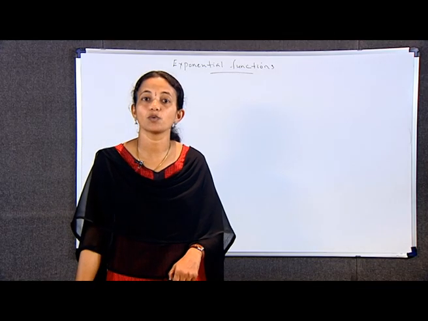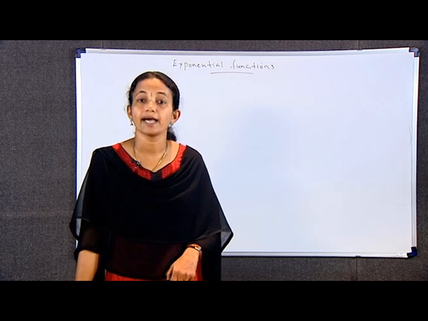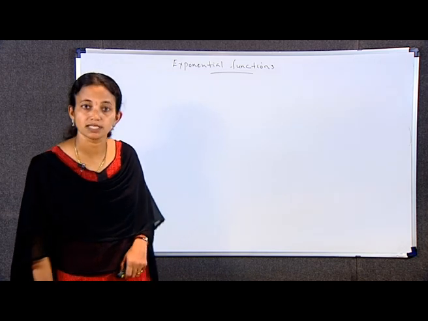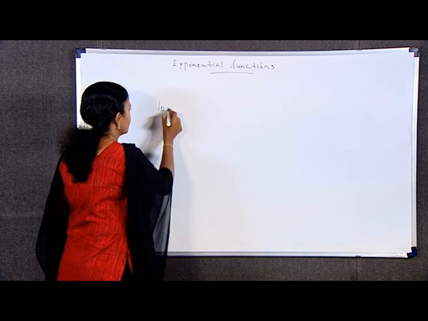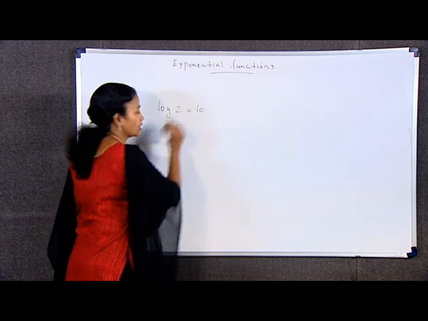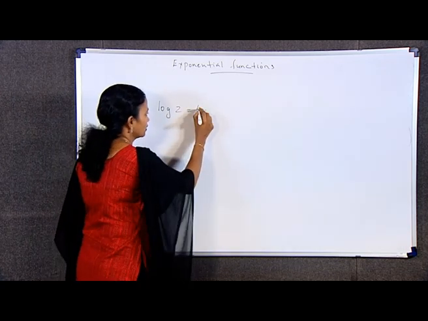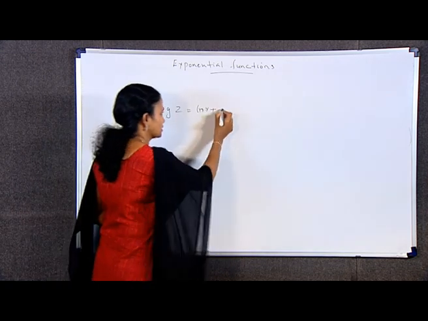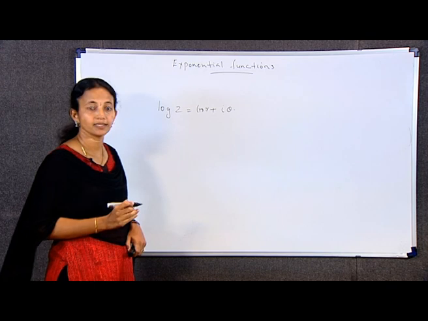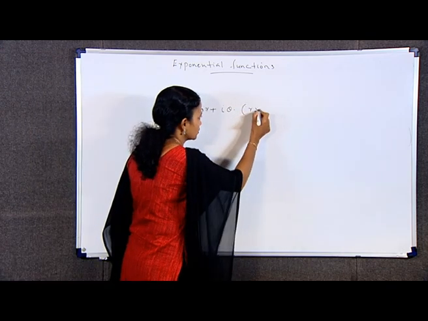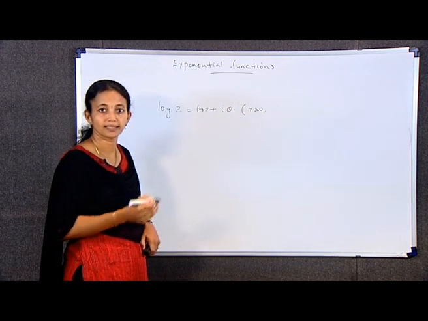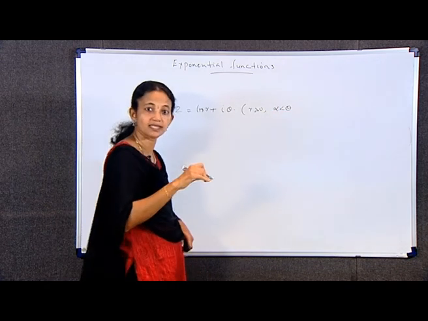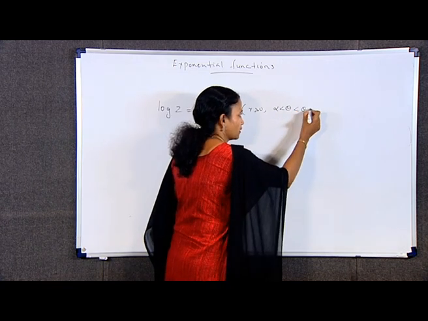Next, we have branch, principal value and derivative of z raised to c. If z is equal to r e raised to i theta and alpha is any real number, the branch log z is equal to ln r plus i theta, where r is greater than 0 and alpha is less than theta less than alpha plus 2 pi.